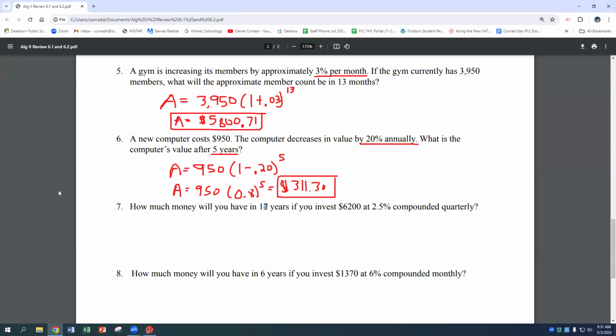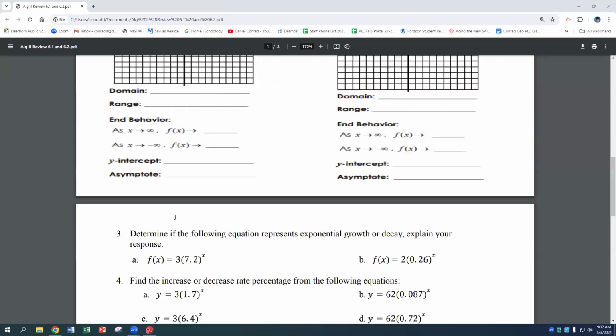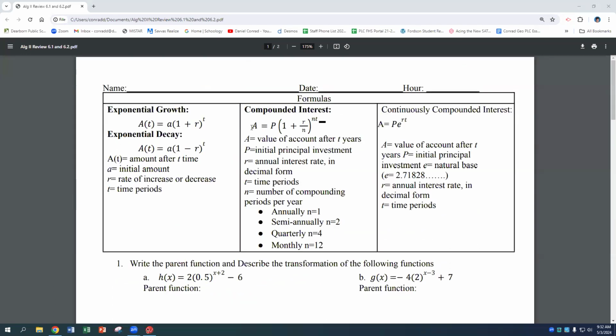Okay, next up. How much money will you have in 17 years if you invest $6,200 at 2.5% compounded quarterly? So since it's compounded quarterly, and our interest rate is 2.5% per year, we're using the second formula. So if I were to clear this, we're using this one right here.